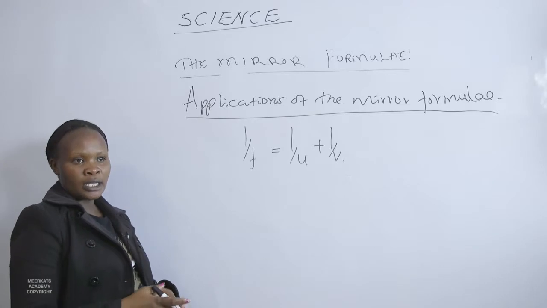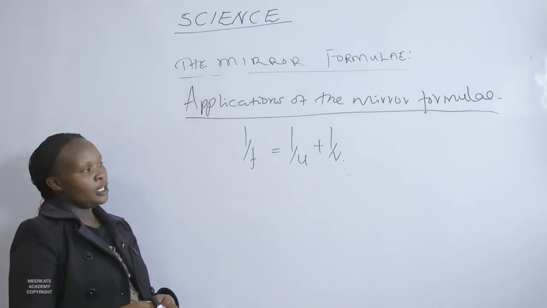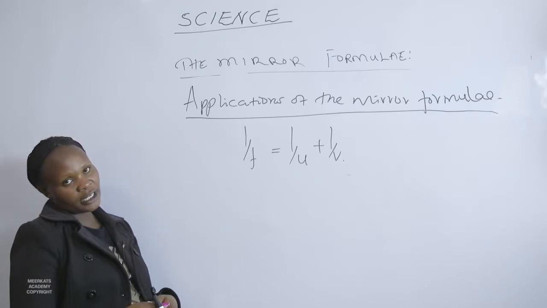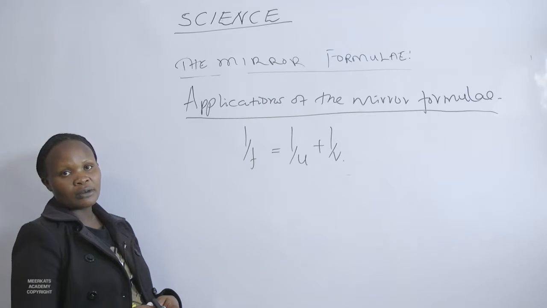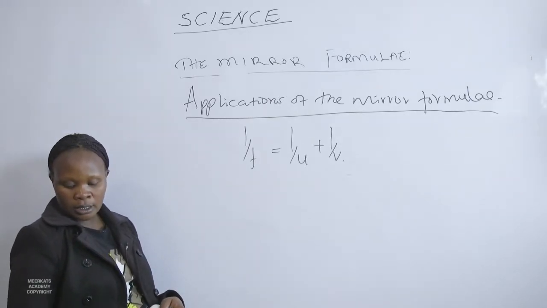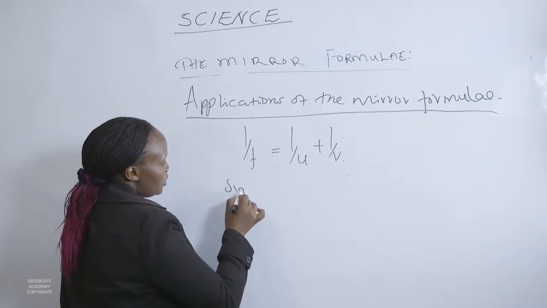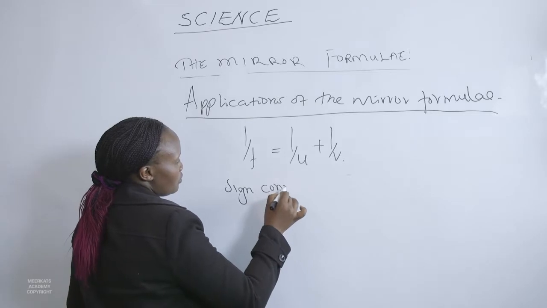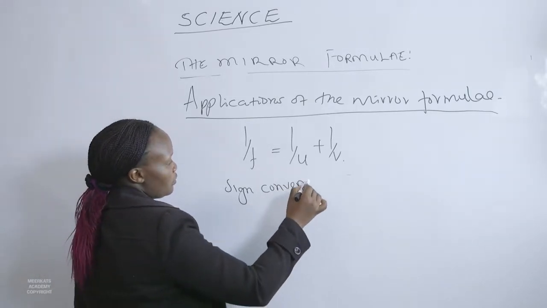And we said that this is actually a very important formula in the calculation of any of the three quantities in the relationship. Now we shall look at something we call sign convention.